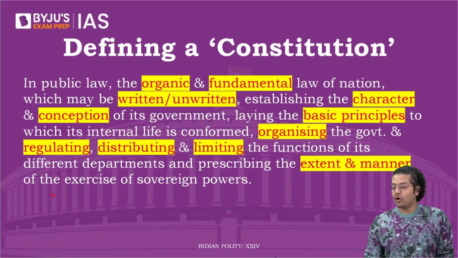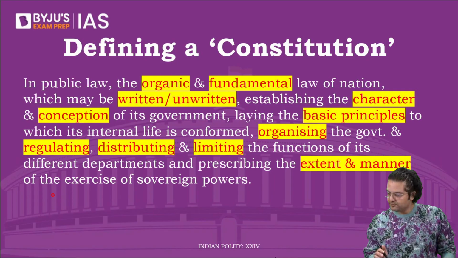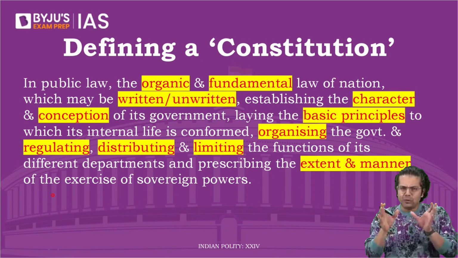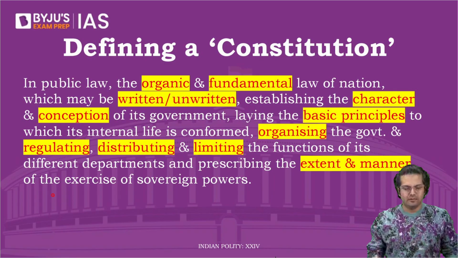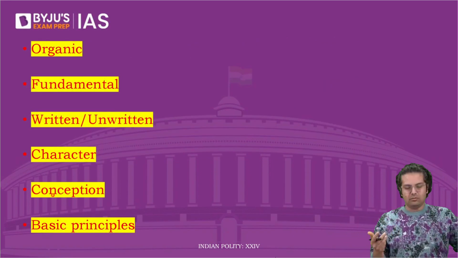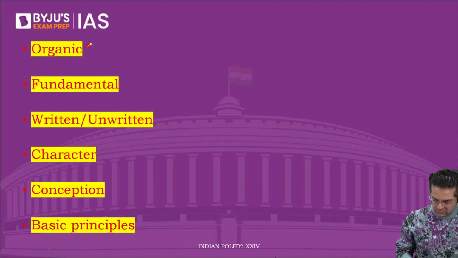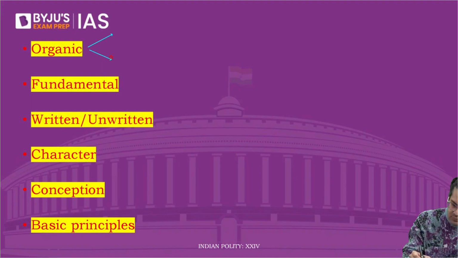And the Indian constitution is a very good example of how beautifully the definition fits India. Let me explain. Organic. We are talking about the organic law. What is organic? Two meanings. Point number one, organic from the word organ, growth.